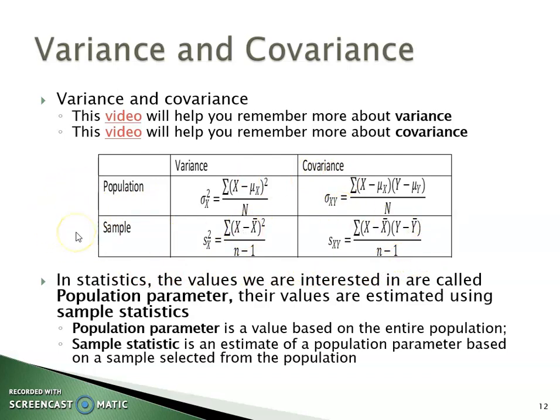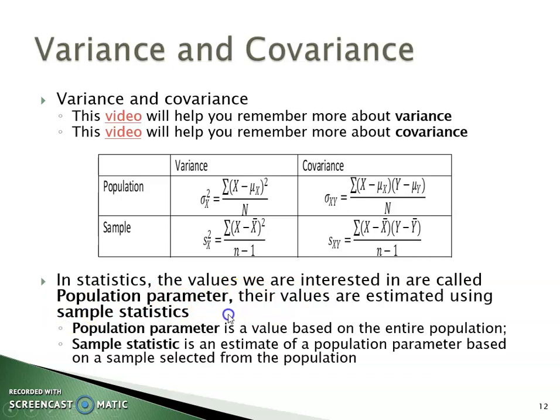By doing this, I want to give you a quick reminder that for every statistic that we're interested in, it could be the mean, could be the standard deviation, there are two values. One is the real value from the population. We call it the population parameter.